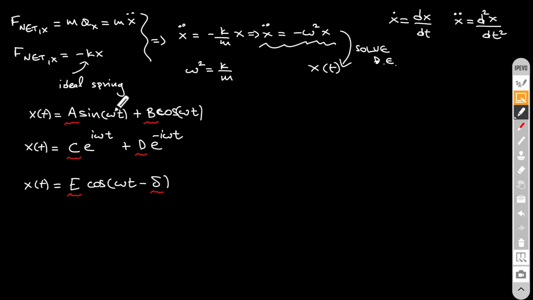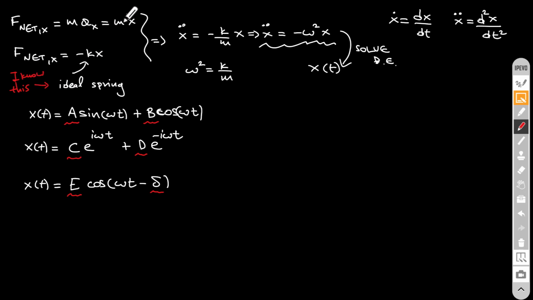We need to remember what we're doing here in terms of the physics. I am trying to find what the motion is by knowing the forces. So when I tell you that the net force is minus kx, this means that I know the forces.